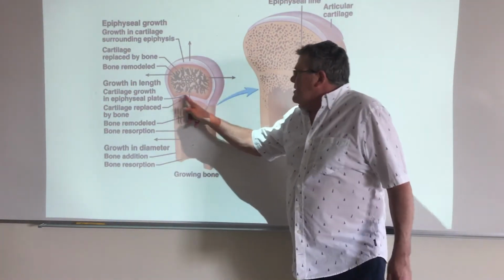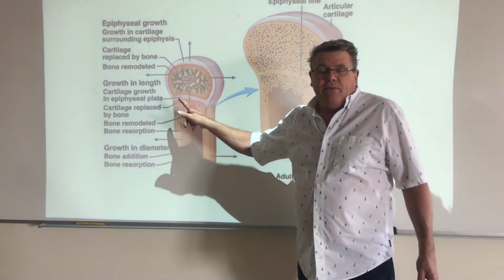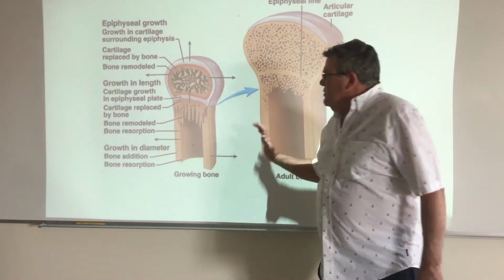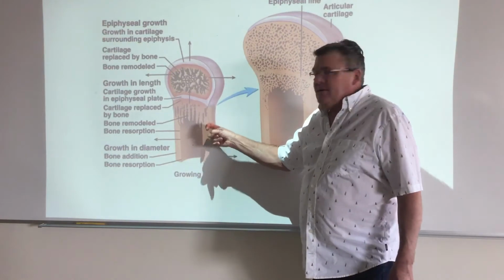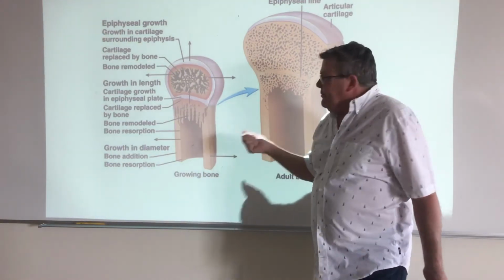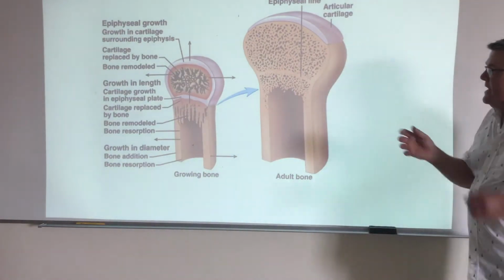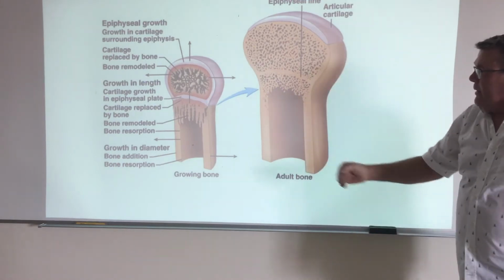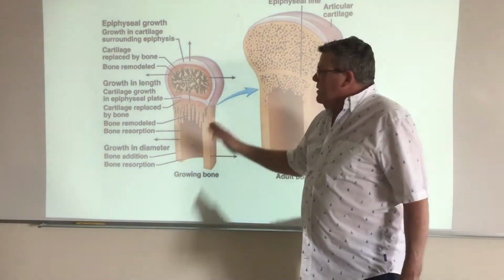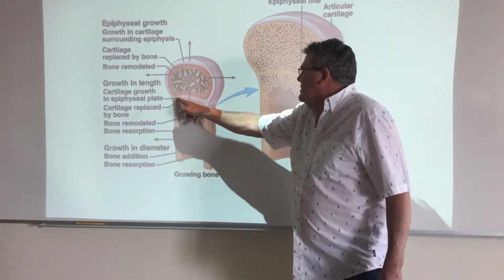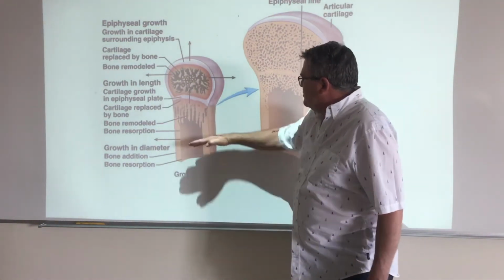Quite often, because this is just simply cartilage, it gives way really easily. So you take a shearing hit to a long bone, this is going to be really strong. We've got our collagen, we've got our hydroxyapatite, we've got those weight-bearing columns, but here we just have cartilage. So that's one of the places of least resistance.